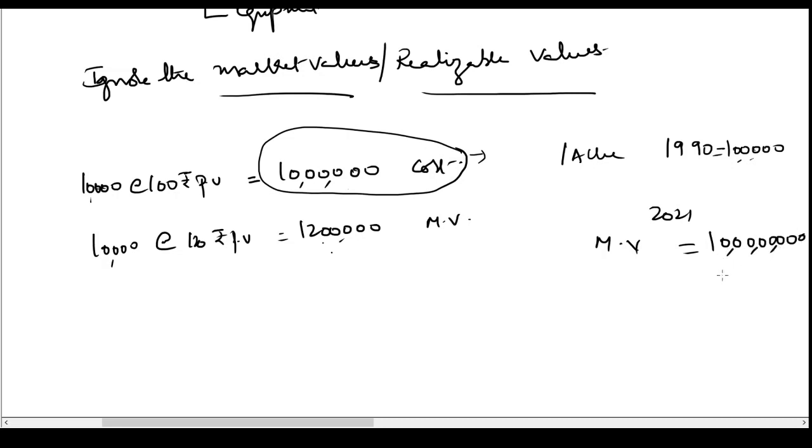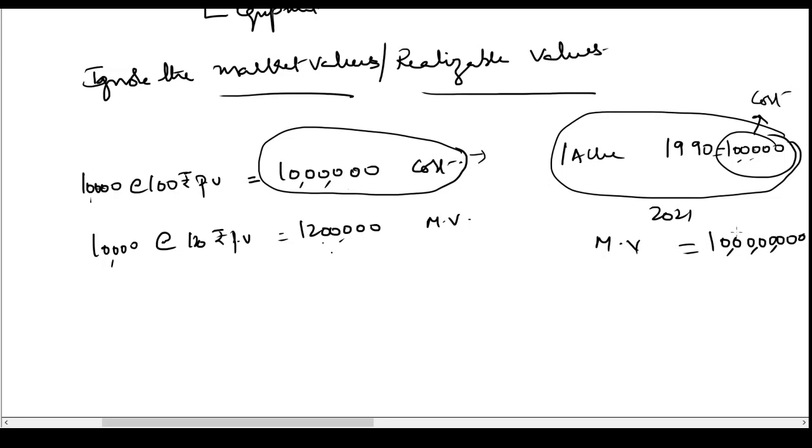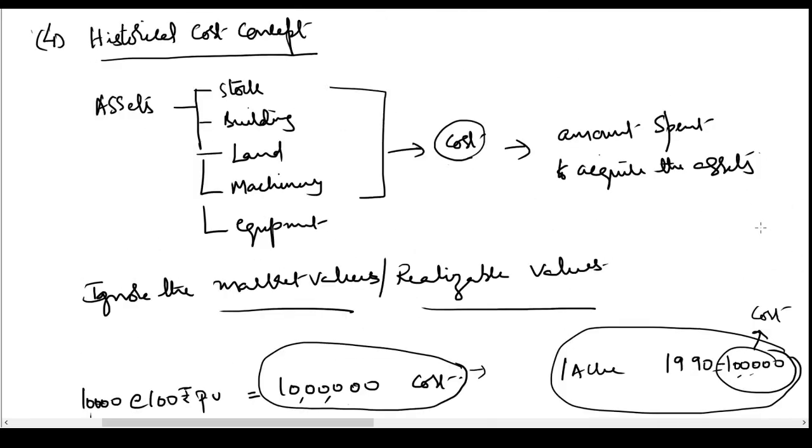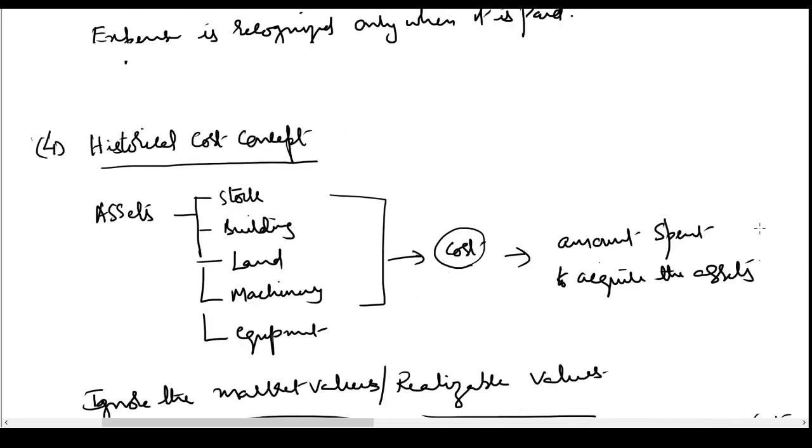The value of the land has increased a lot. We will continue to show the land in our books at this cost value. This is cost and this is market value. If you continue to show this asset in your books at cost, ignoring the market values, we are following a concept called the historical cost concept.